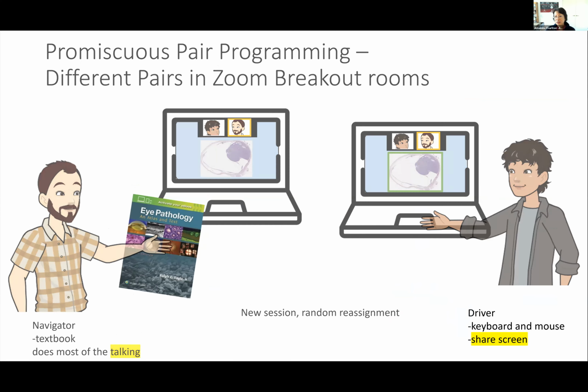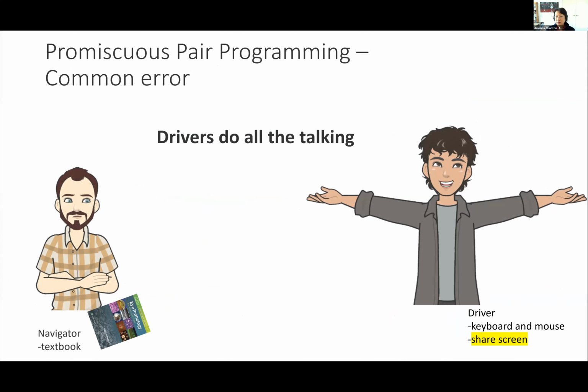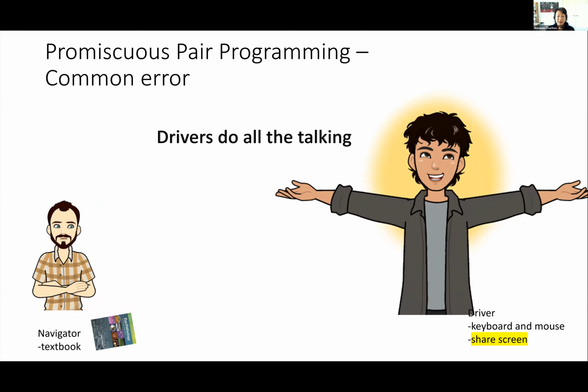So all good so far, but what can go wrong with this? I have observed this in previous sessions. Drivers do all the talking, and this, Diane, is a problem amongst surgeons. Once they've got the driving mouse, they do all the talking. And then what happens to the navigator?